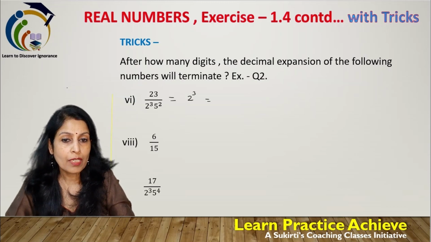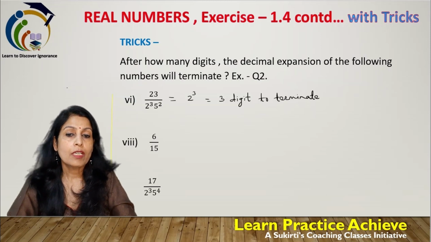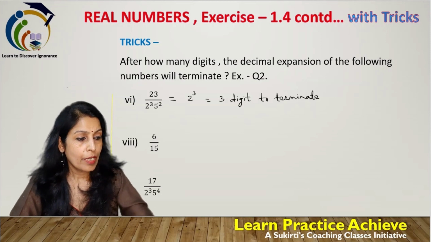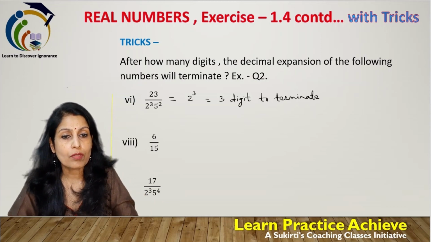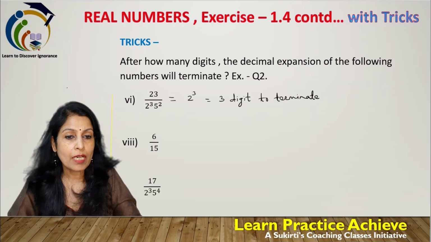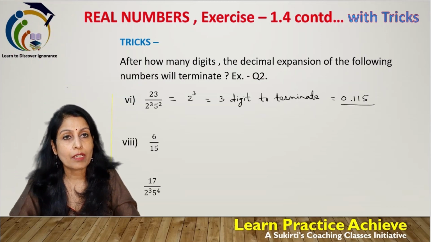So after the decimal point you will get 3 digits to terminate. It means when you divide these two numbers, you will get an answer, and in previous question number 2, when we solved it, we got the answer as 0.115. Means to check this answer, you can use this trick to see whether your answer is correct or not.